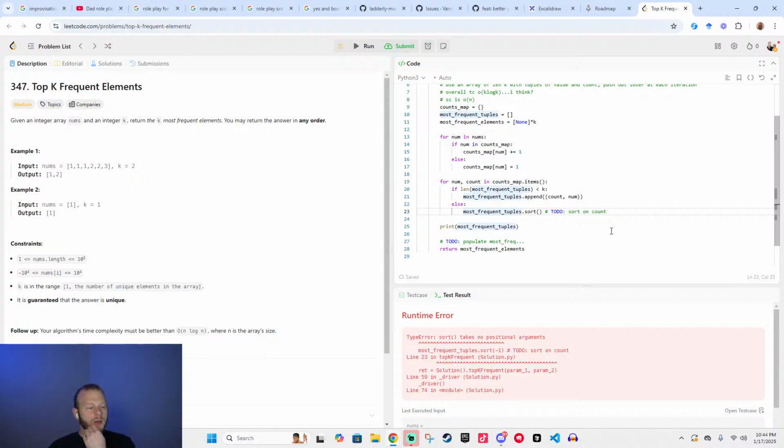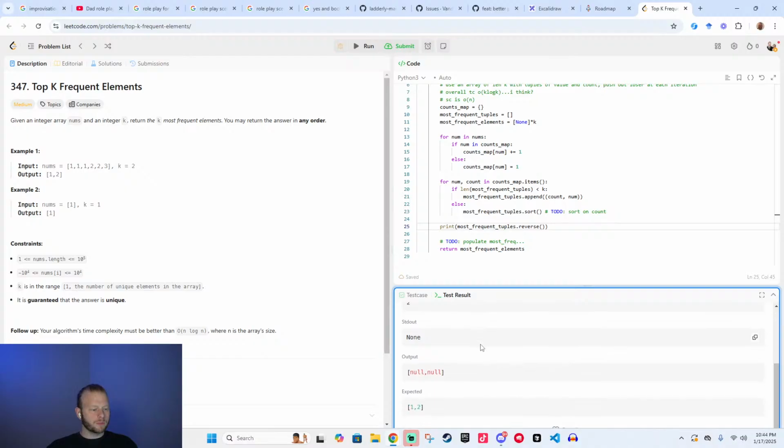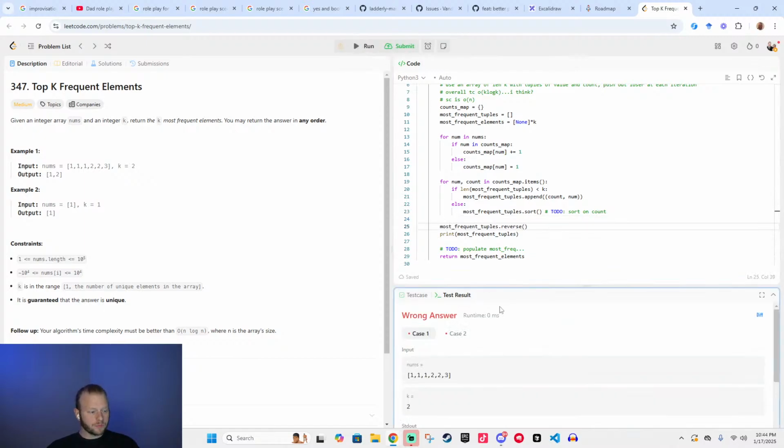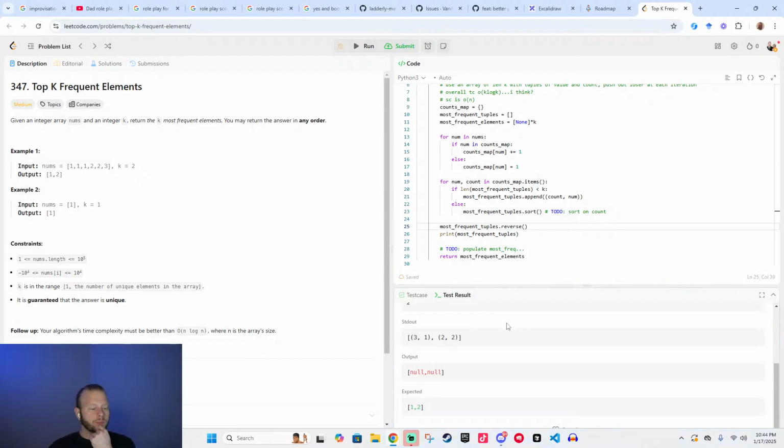Yeah, there's an easy way to, I can do reverse sort. Okay, so now I've got 3 and 2.